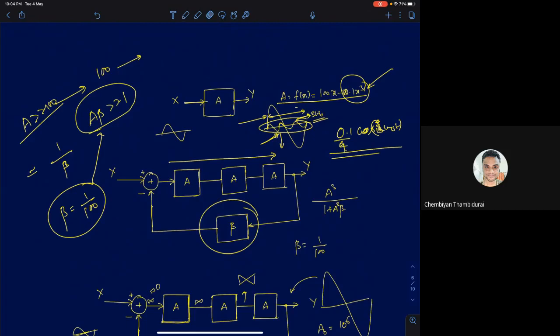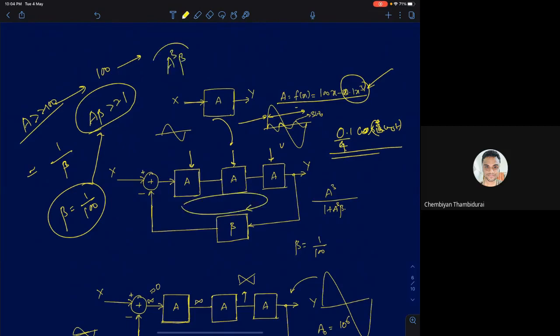Which is why in this example I have cascaded 3 such nonlinear amplifiers, in the hopes that I'll be able to get a much larger loop gain. Now, what is the loop gain for this amplifier? The loop gain is A cube into beta. That's your loop gain. A cube into beta.